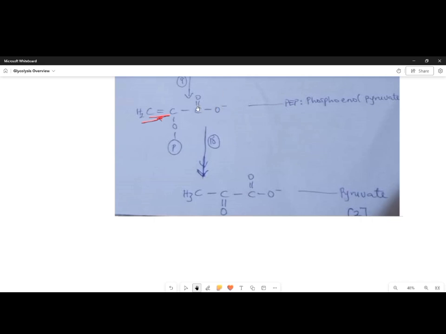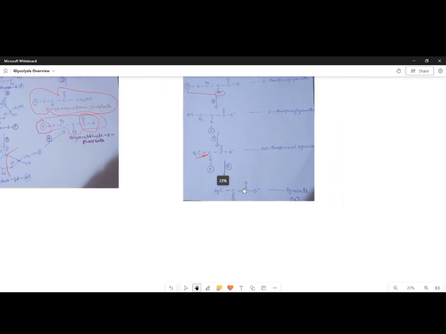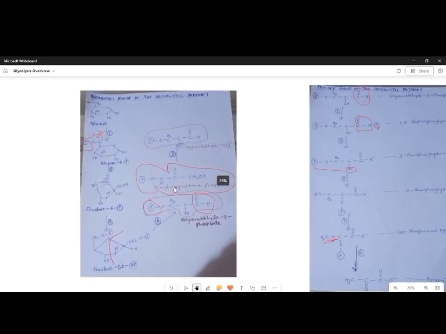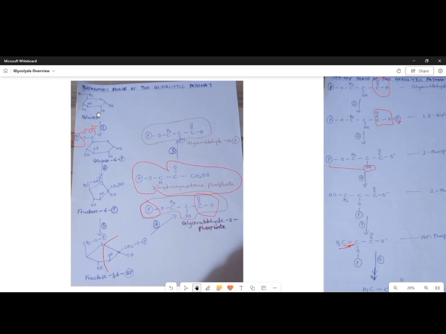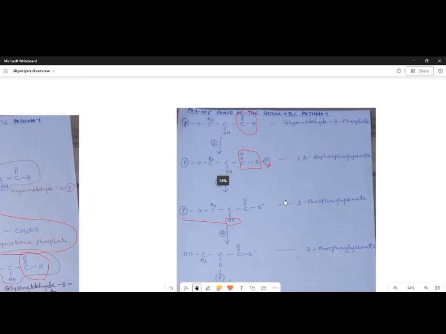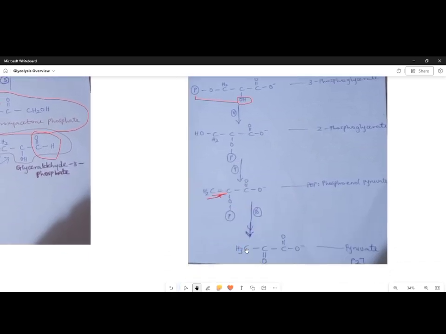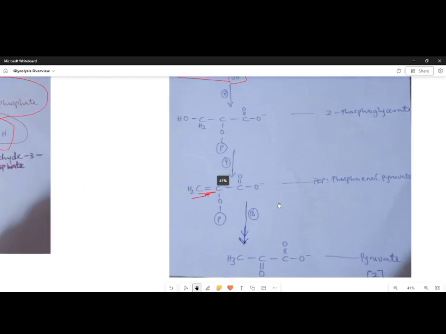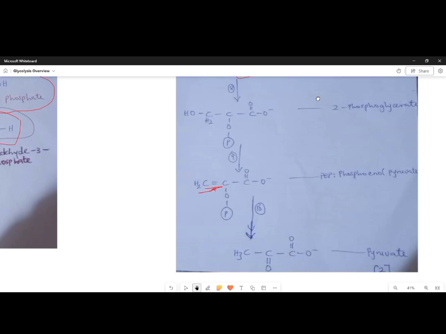So phosphoenolpyruvate is converted here to pyruvate, and that concludes the structures of the molecules involved in glycolysis, from one molecule of glucose, as you can see at the preparatory phase over here, through the preparatory phase, a 5-step process, to the payoff phase, which is another 5 steps, step 6 to step 10, forming 2 molecules of pyruvate.